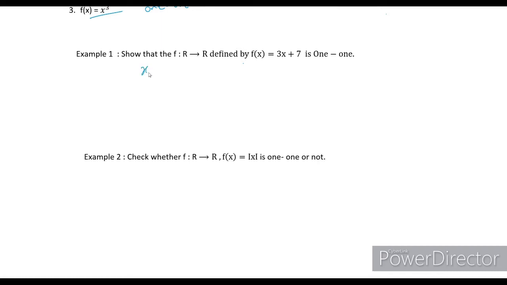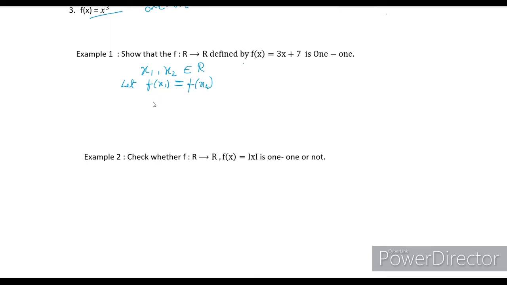So the first thing we should do is we'll take two elements, x1 and x2, always belonging to the domain set R. Now we are making an assumption. What is that assumption? f of x1 is equal to f of x2. The assumption is the images of these two elements are equal. We are assuming that the images are same and we are checking whether those two elements are different or same.